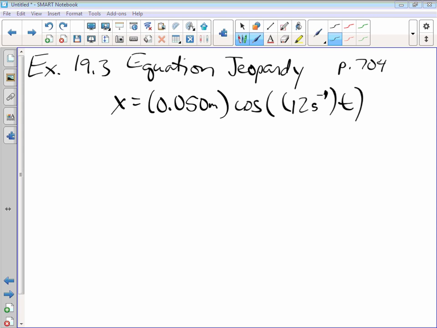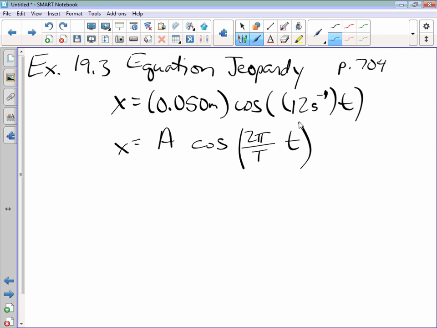Well, we can relate this to the equation for simple harmonic motion, or just vibrational motion, where x is equal to A cosine of 2 pi over period multiplied by time. Given this information, we can start to plug a couple things in. We can see that this 0.050 meters must be our amplitude.